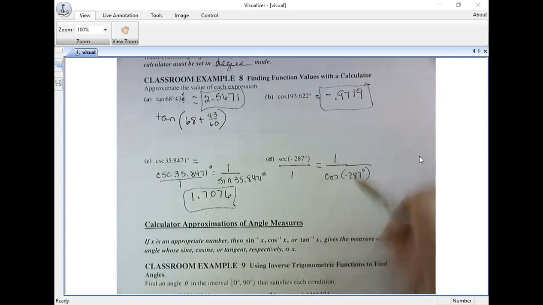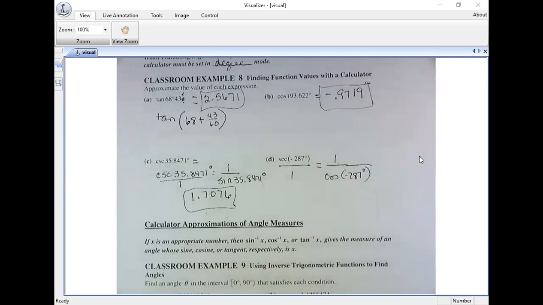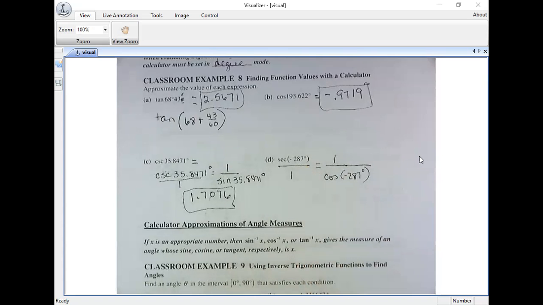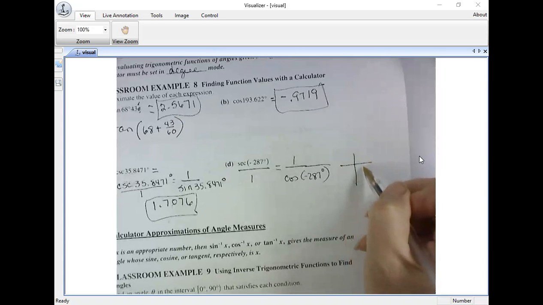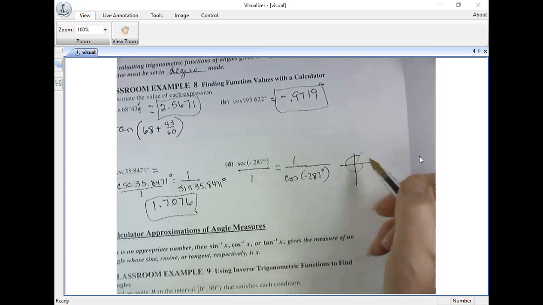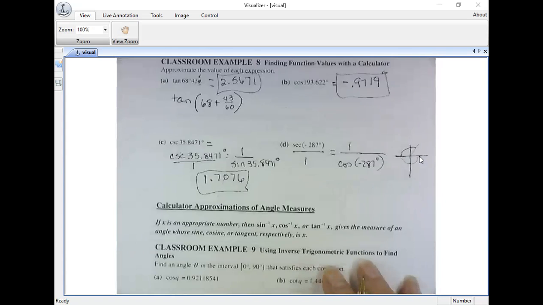Now, one thing we might want to think about, this is a negative reference angle. So if I were going -287 degrees, what quadrant am I in? Well, there's -90, -180, -270. So yes, it is going to be in the first quadrant. It should be a positive value, right?